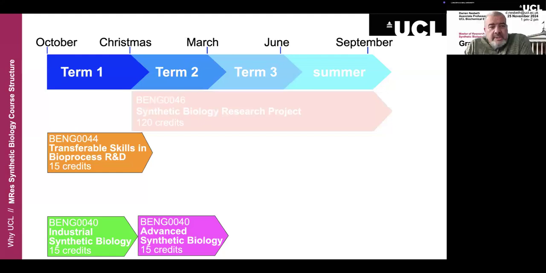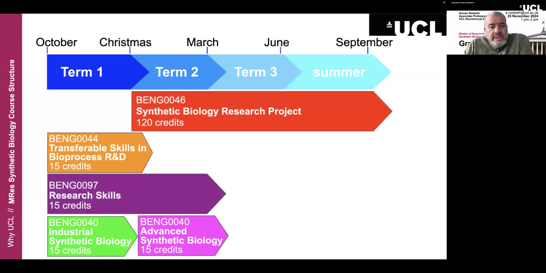Right, so let me just go through all of these at once, actually. Forgive me, some of those builds. So this is the course structure. At the very top of the course, you can see there is the research project. At 120 credits, that's a very large course in terms of typical course structures in UK higher education, but that's necessary for the Master of Research element of the course as opposed to a Master of Engineering or Master of Science.